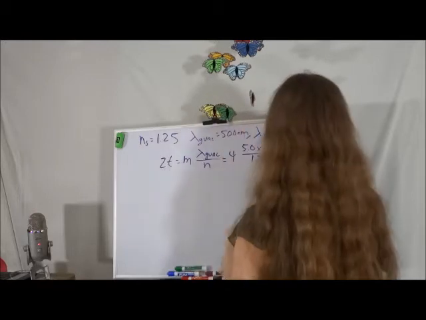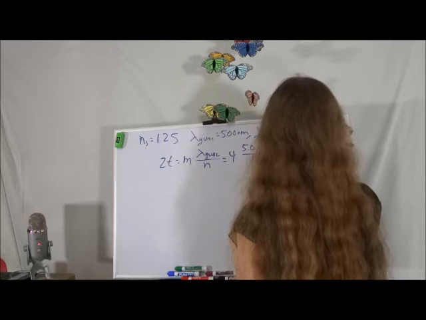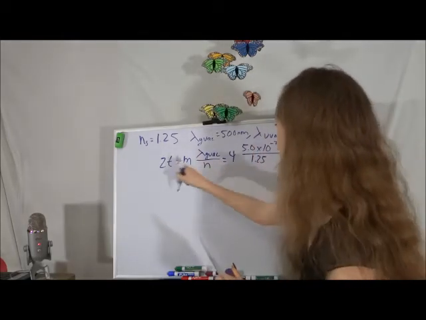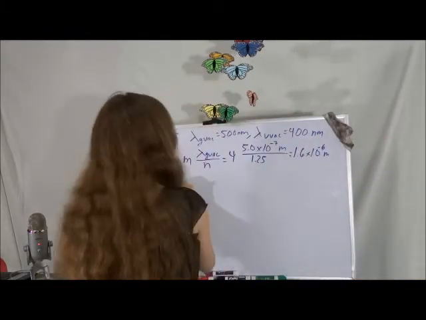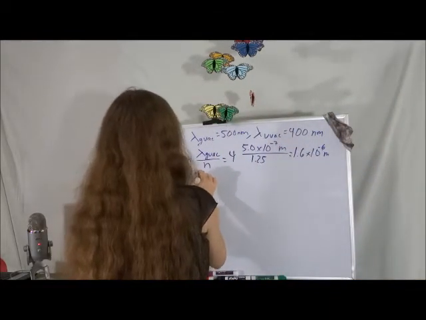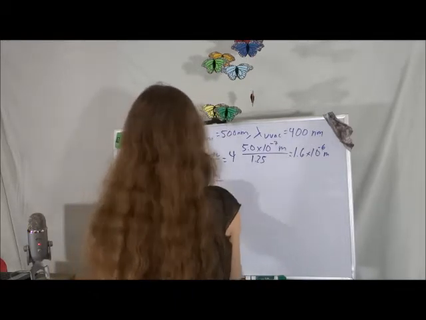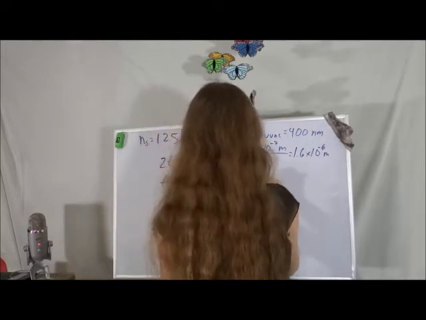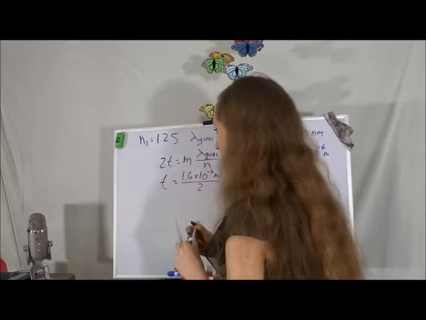That works out to be about 1.6 times 10 to the minus 6 meters, and that's 2 times the thickness. If we want t itself, we just divide both sides by 2. So t is equal to 1.6 times 10 to the minus 6 meters divided by 2, or 8.0 times 10 to the minus 7 meters.